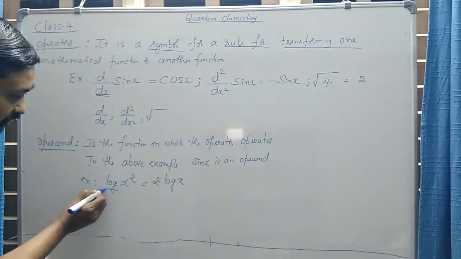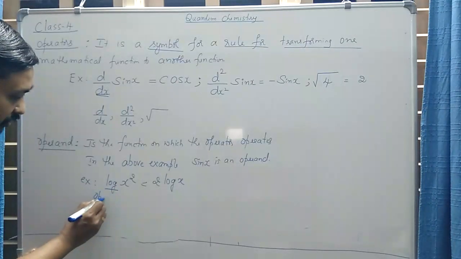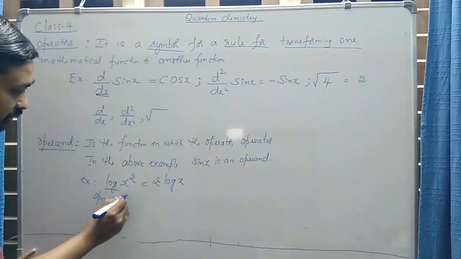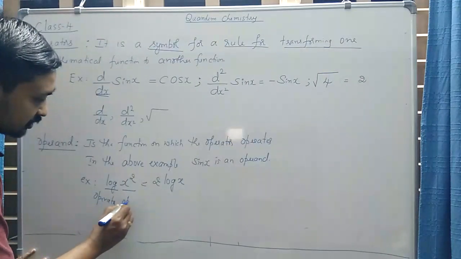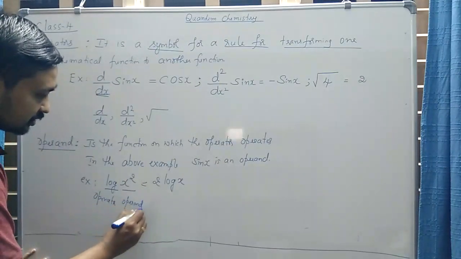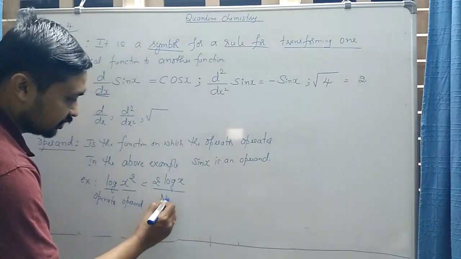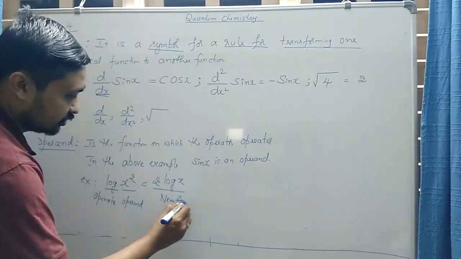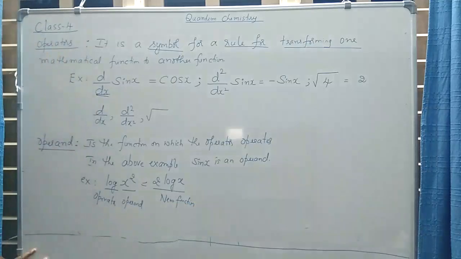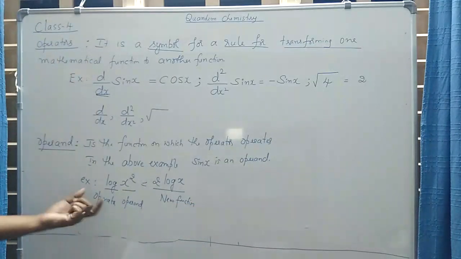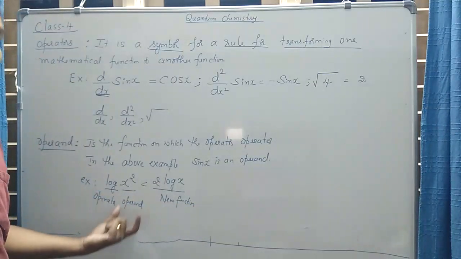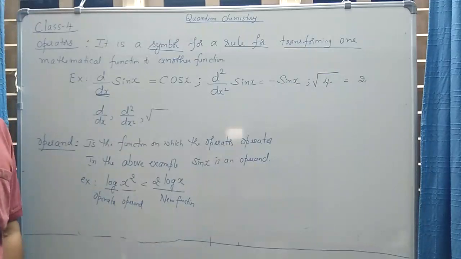In this case, log is the operator, x square is the operand, and this is the new mathematical function. So an operator is applied on the operand, yielding a new mathematical function.